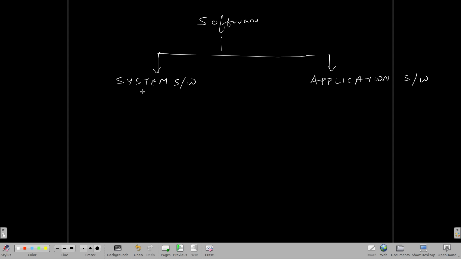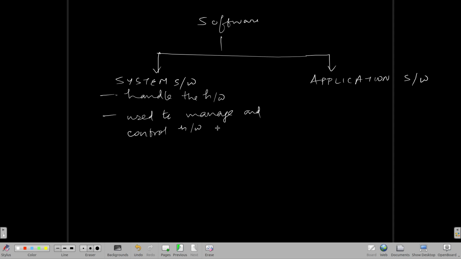So basically system softwares are softwares which directly handle the hardware. Okay, it directly handles the hardware. So you can say that it is used to manage and control the hardware of a computer system.